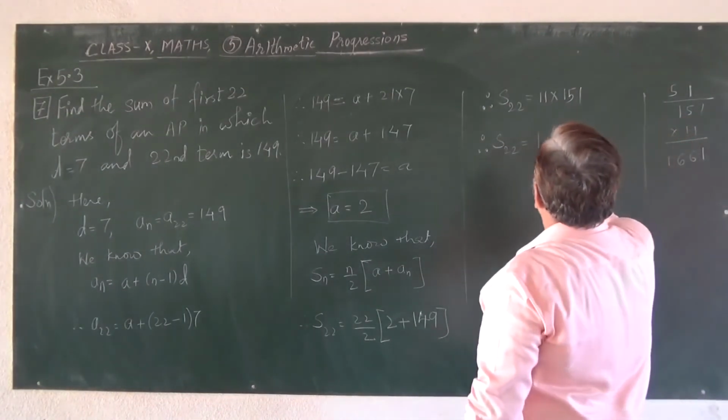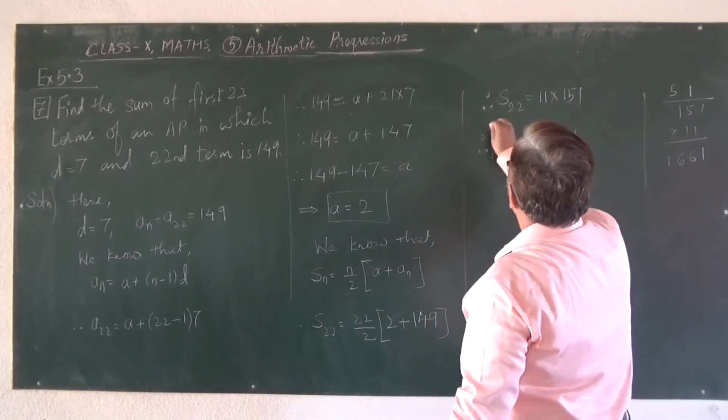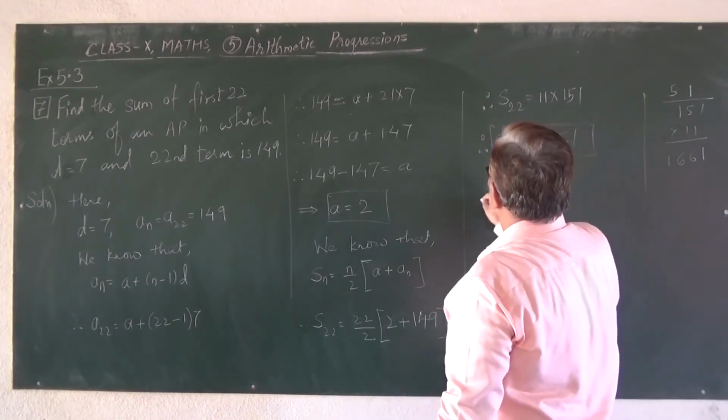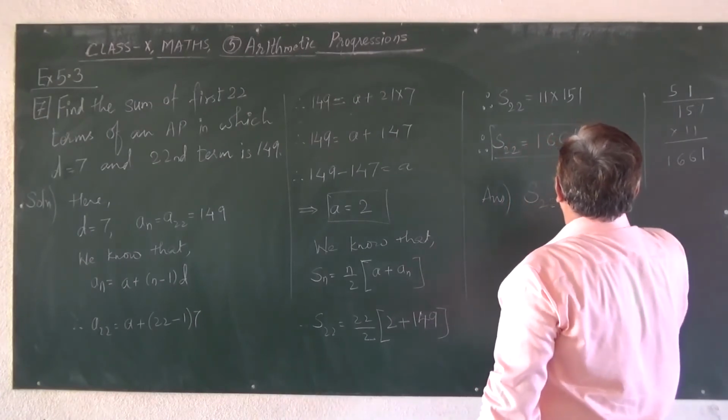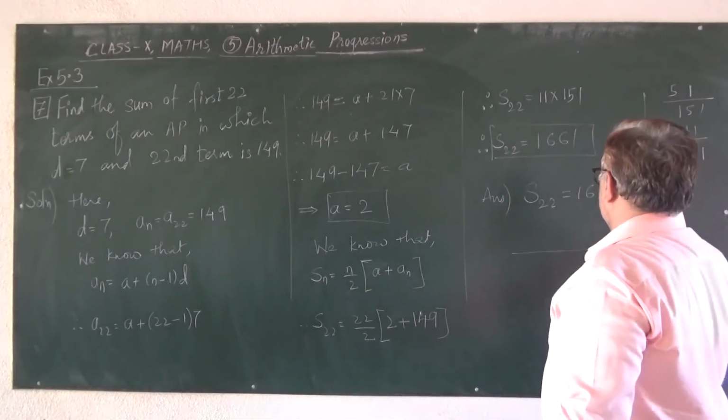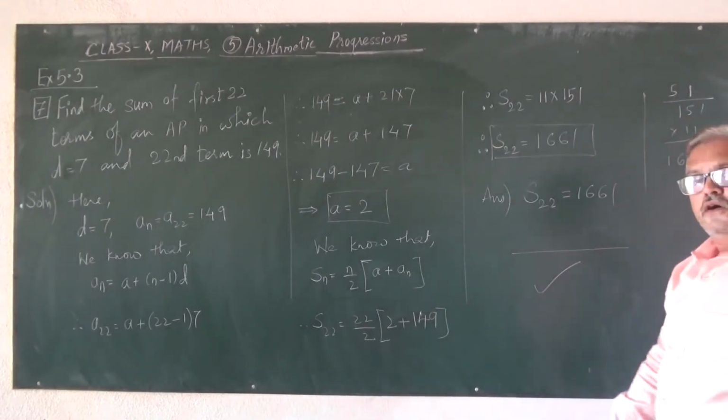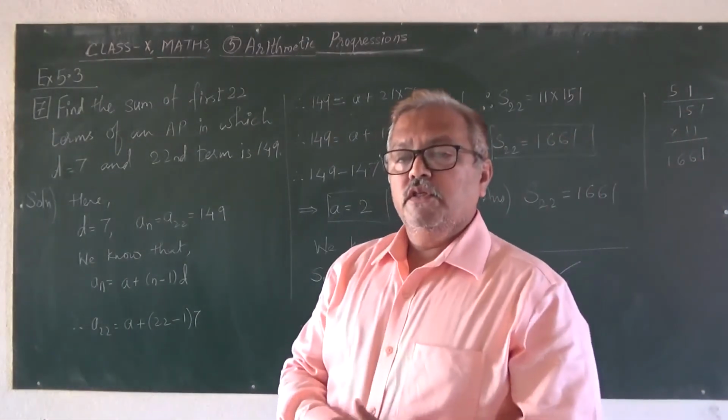So 1661 is your answer. So you can write the sum of the first 22 terms is 1661. Hope you have understood this.